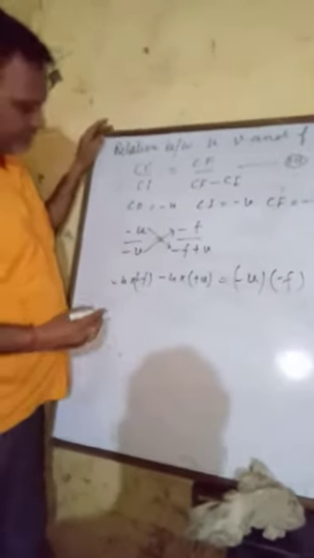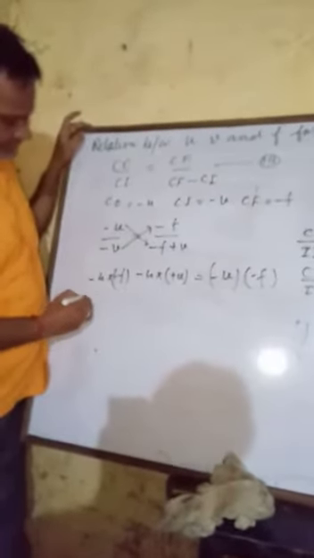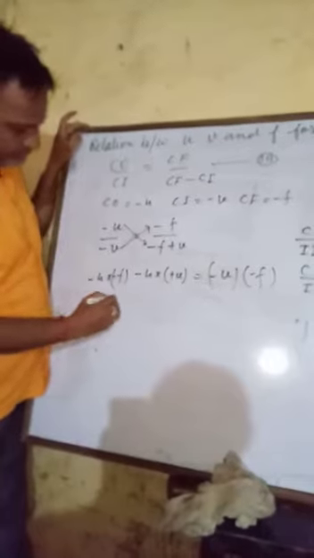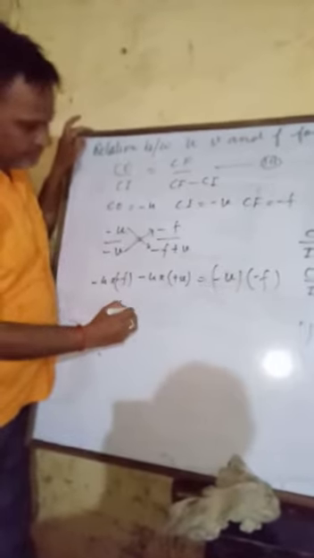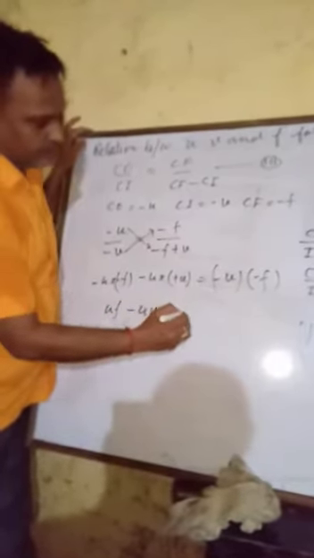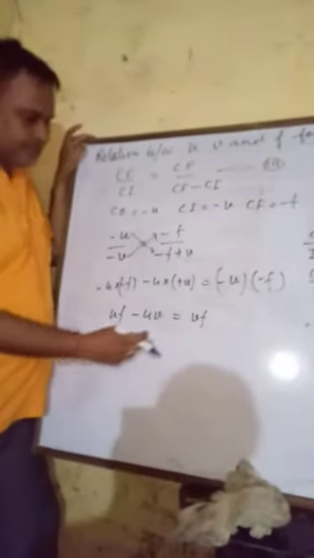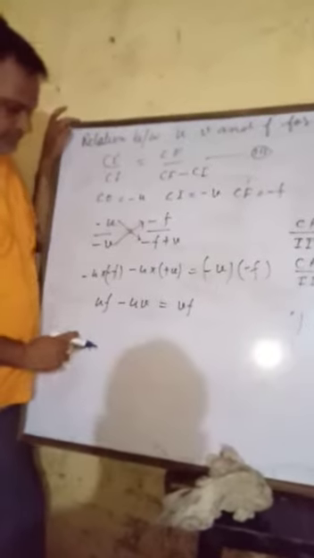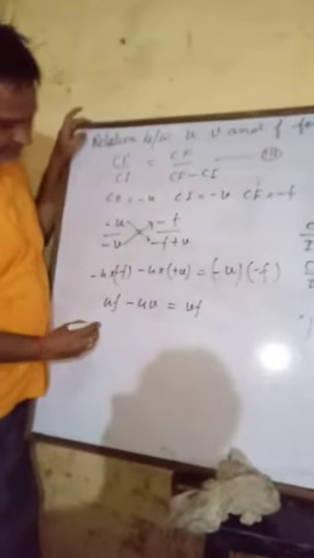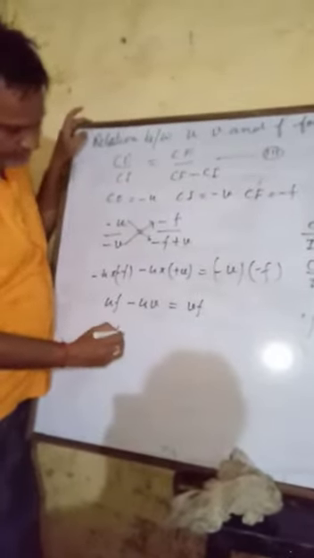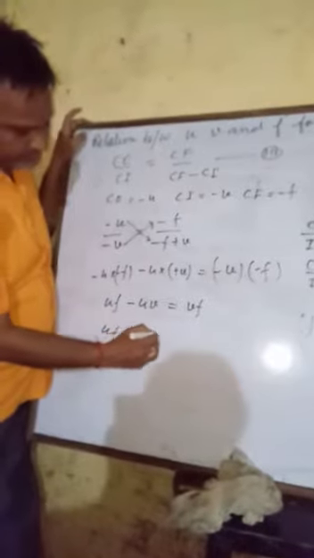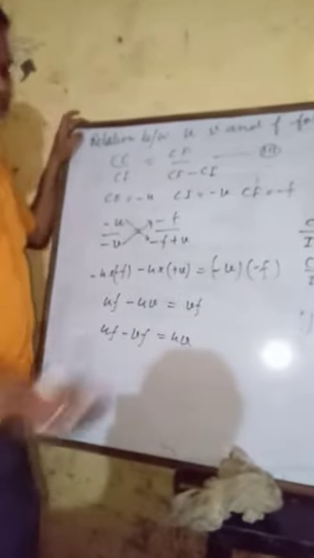Then we can write in the next step uf minus uv is equal to vf. If we solve this equation, then we get uf minus vf is equal to uv.